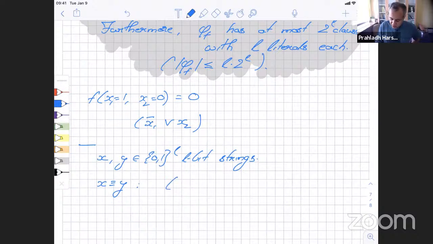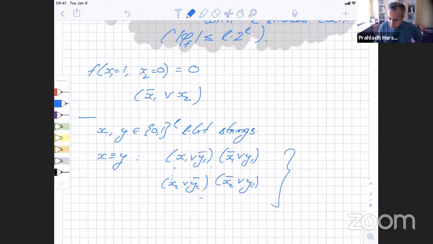It is a CNF formula with clauses x1 or y1 complement, and x1 complement or y1, and similarly for the i-th bit. So I want to claim there is a 2L-clause formula that captures equality.